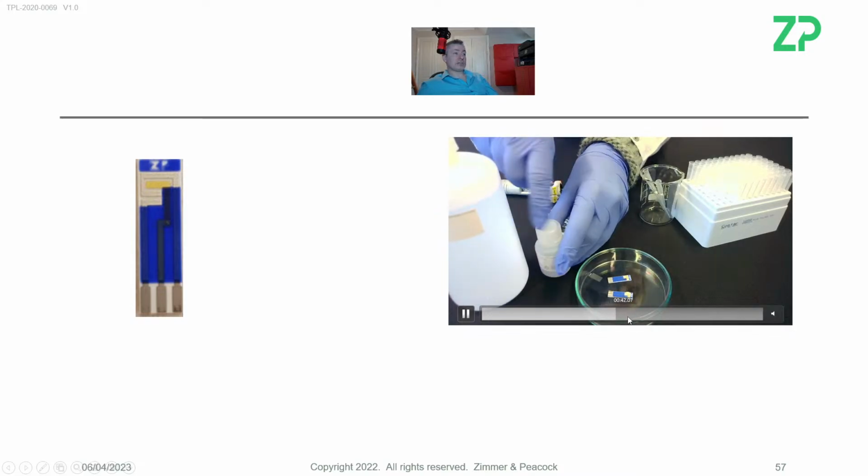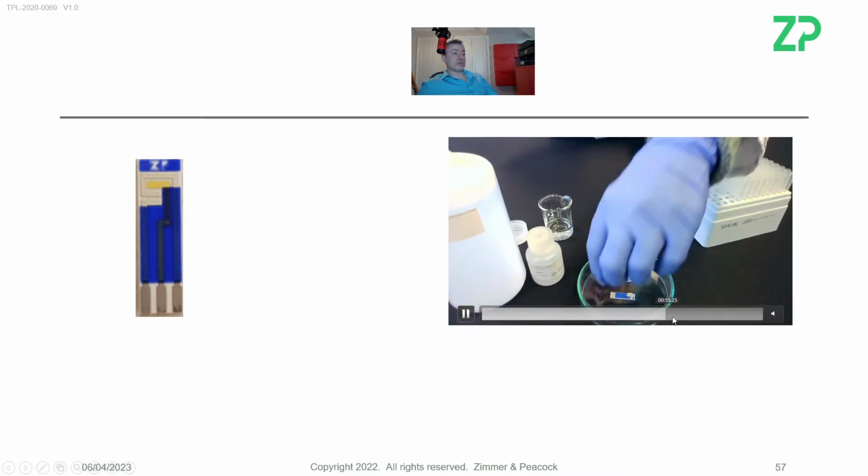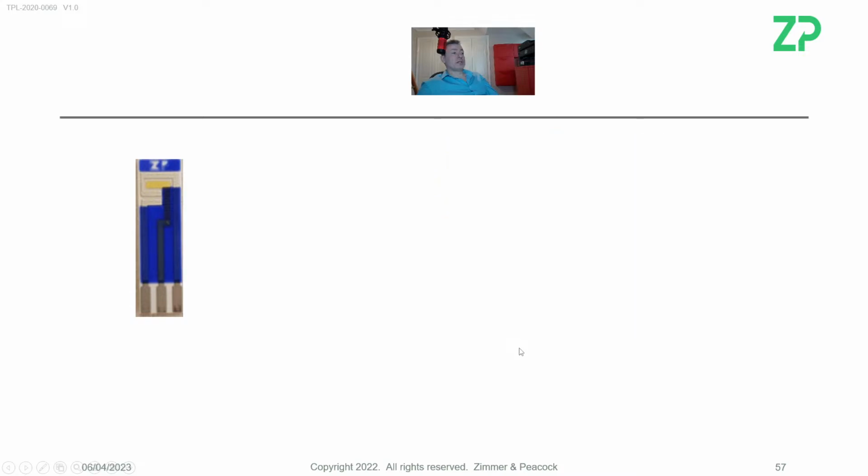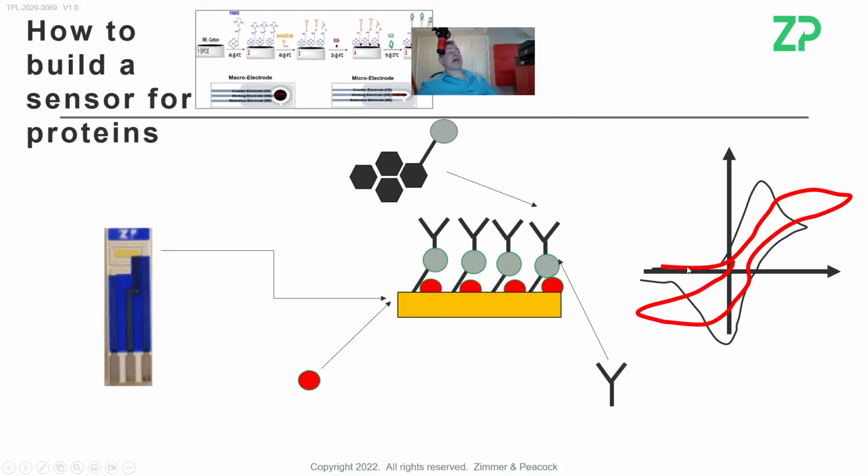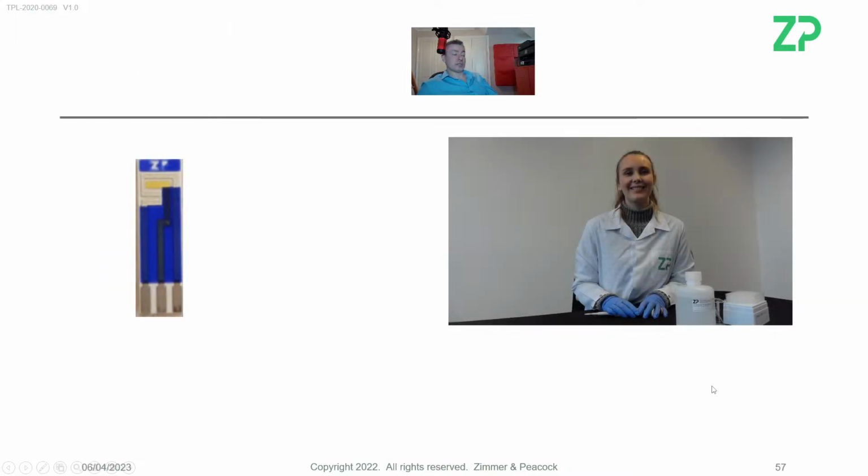We do have some cleaning solutions on our website, and also some rinse solutions, but what I'm going to say is you should have some fairly nice CVs, cyclic voltammograms, on your gold electrode, which you've measured using ferrocyanide, before you start the process.